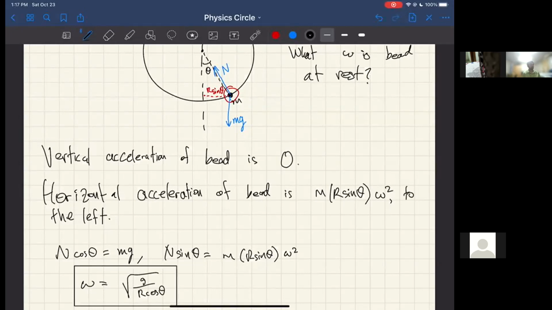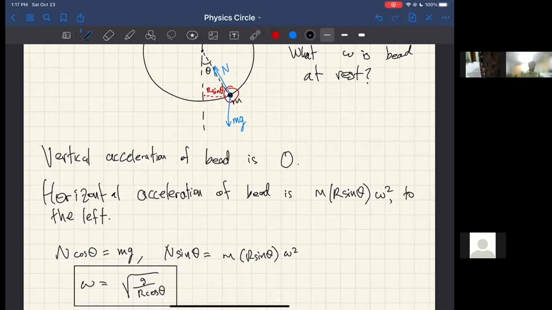All right, so here's the question. What is omega as a function of theta? Like, what is the minimum value of omega for theta? Can somebody answer that?